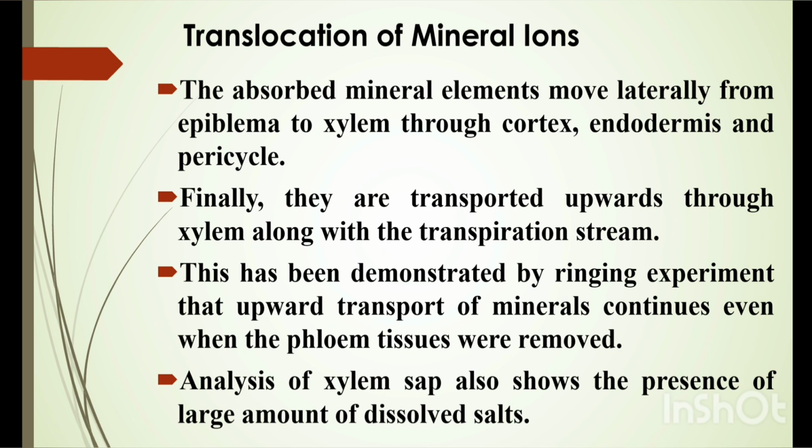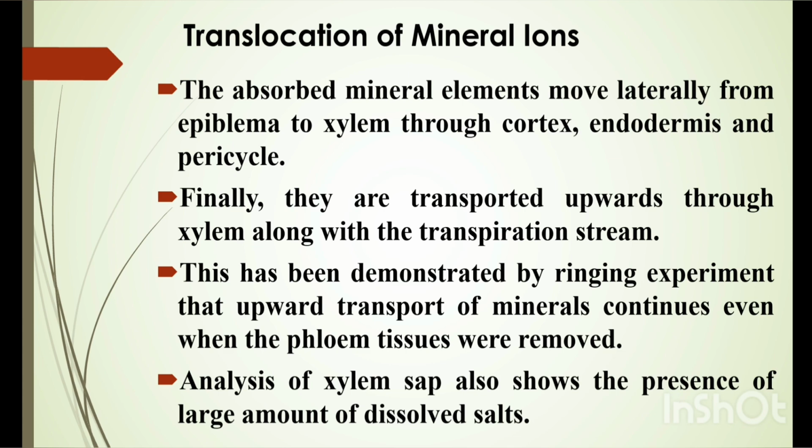Then after the absorption by active process, translocation of mineral ions occurs. The absorbed mineral elements move laterally from epiblema to xylem through cortex, then endodermis, then pericycle. So they move laterally, meaning horizontally.